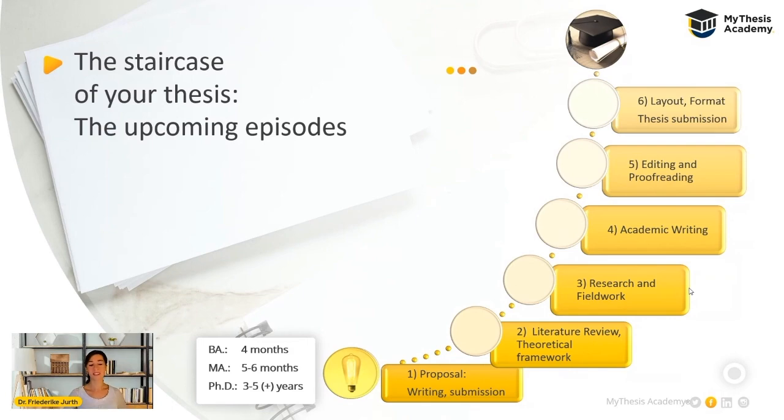First, you have the episode of the proposal writing, of the development of your ideas, and of the first part, like a basic literature research, the identification of the research gap, and the development of your principal idea, the thesis statement, the focus, and so on.